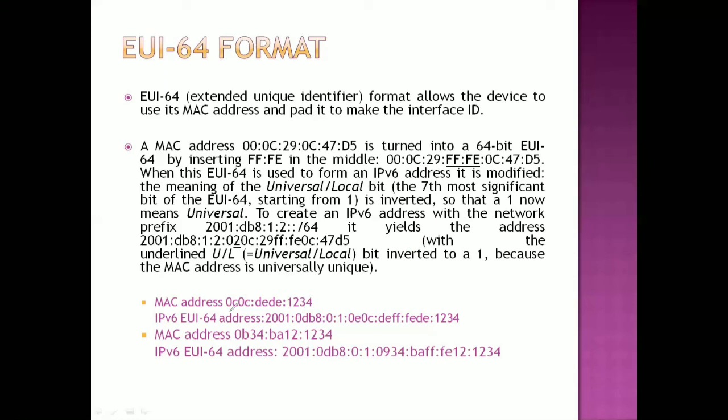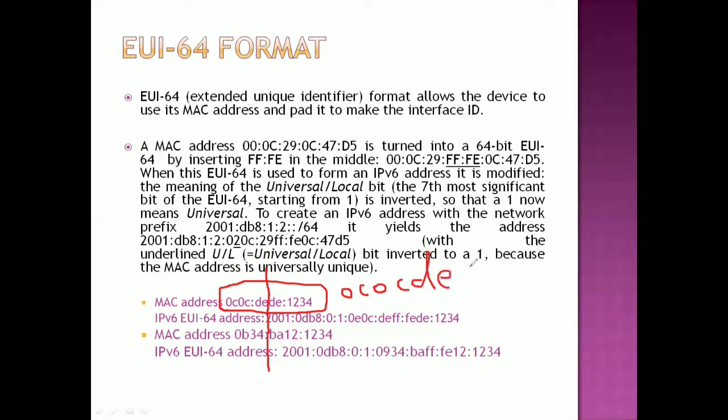Here you can see that I have a MAC address, and this MAC address is 0C0C DD DE and then 1234. So what I have to do is to bifurcate this MAC address. Two parts will be obtained by me, that is 0C 0C DE.